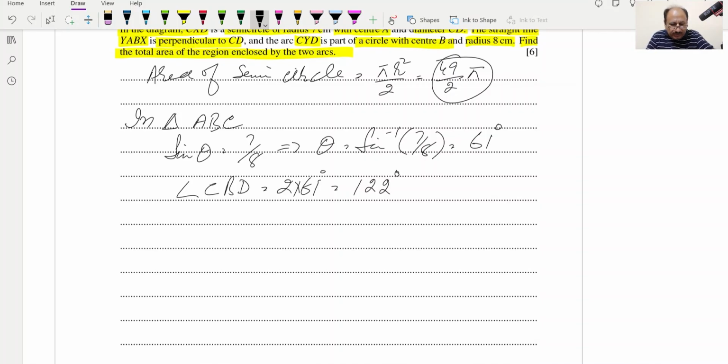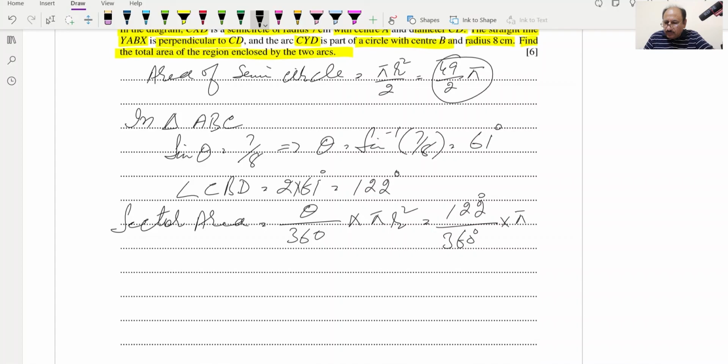Now we can find the sector area. The sector area is equal to theta over 360 times pi r squared. This is the formula for sector area, and the r value is 8, and theta is 122, which we just found, over 360 in degrees, multiplied by pi and r squared, which is 8 squared or 64.